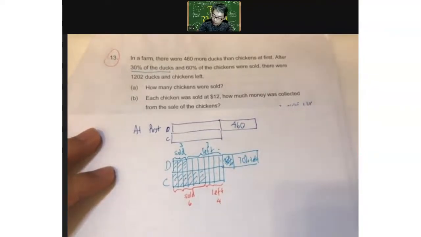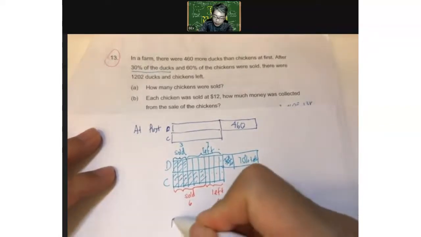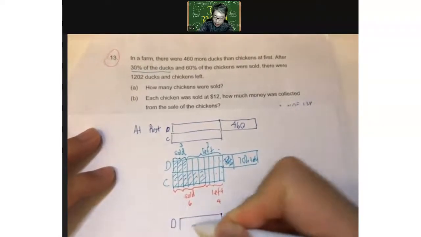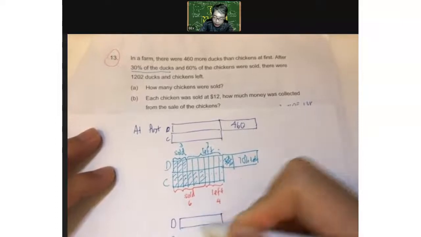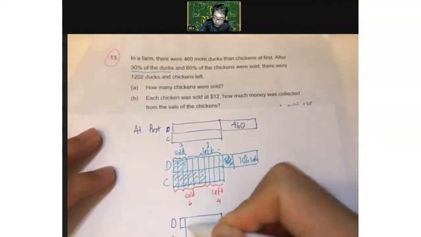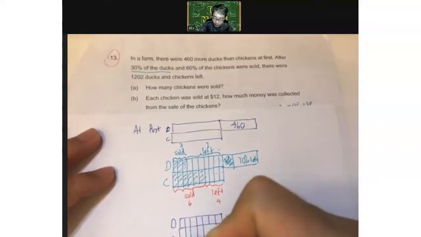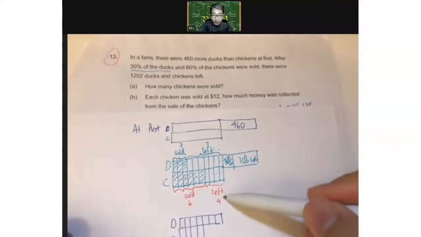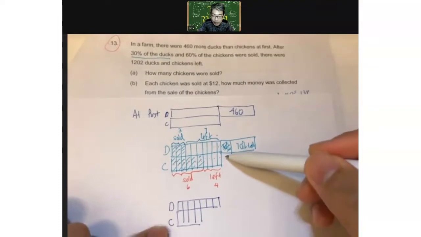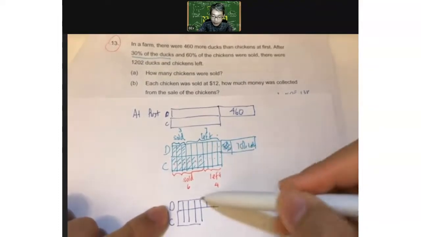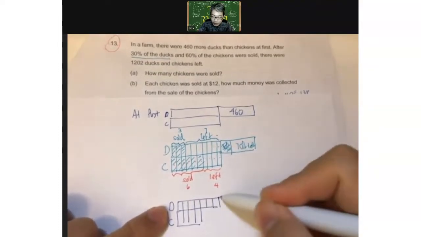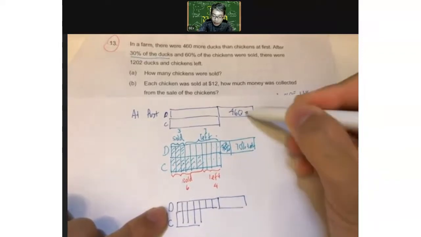Let me draw this part for you. So for my ducks, I have 7 parts left. Chicken, 4 parts left. So this will be the 4 parts of chicken that is left. This will be the 7 parts of the duck that is left, plus this part, another 70% of 460.